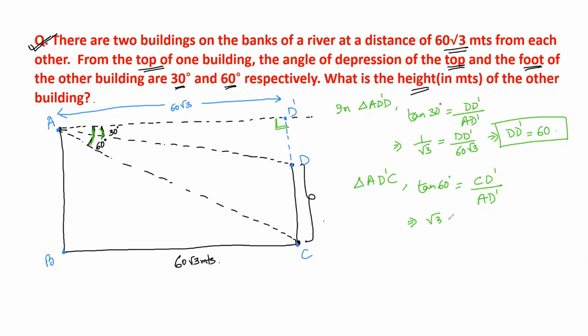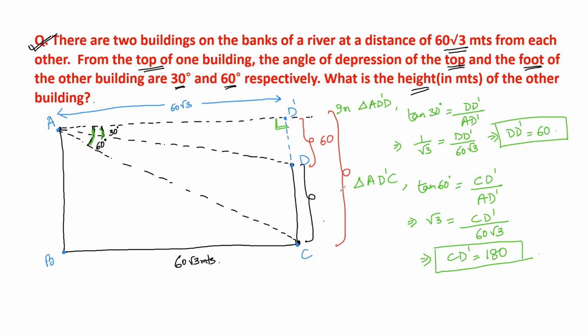So this would be root 3 equal to C D dash upon A D dash, which would be 60 root 3. So from here, C D dash would be 60 root 3 times root 3, which would be giving us 180 meters. So the length of D D dash is 60 meters and the length of C D dash is 180 meters.